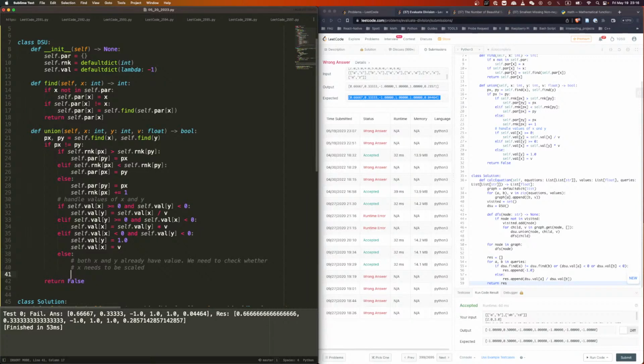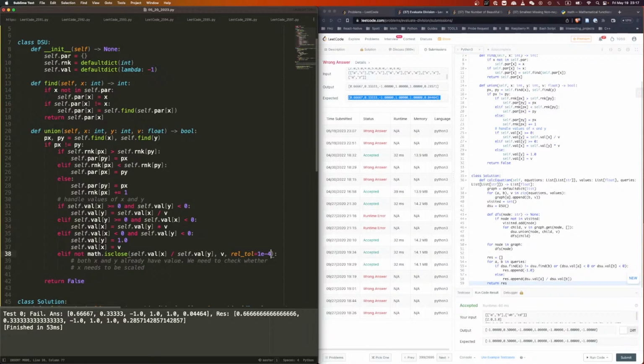So we know x, so we say elif self.val x divided by self.val y, math.isClose to v. If it's not close, then we're going to say this equals 1e, maybe we do 4.